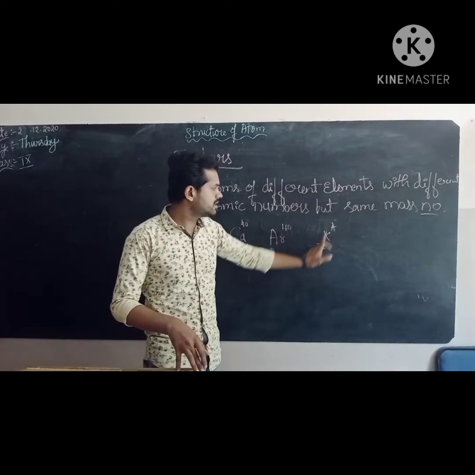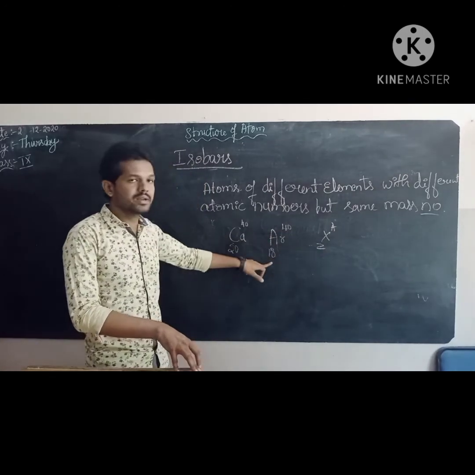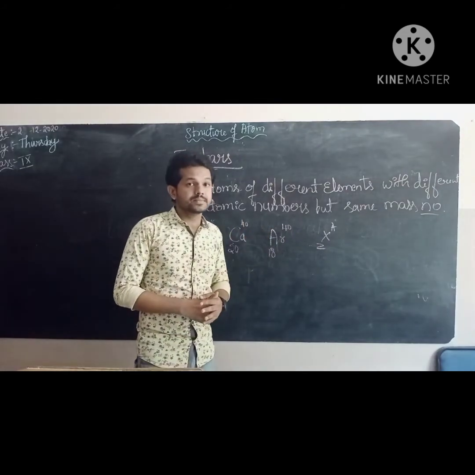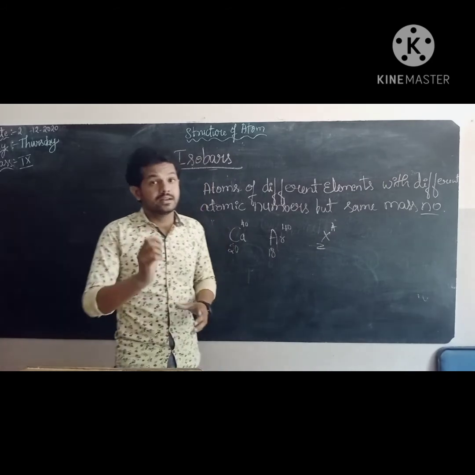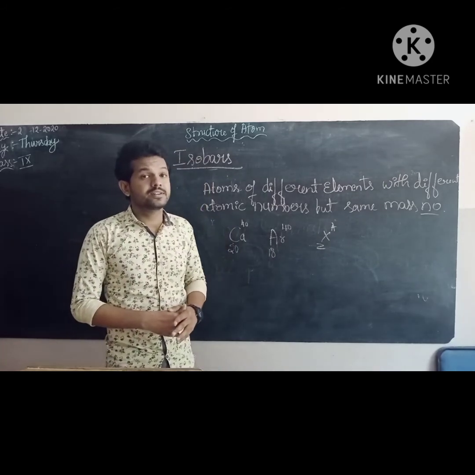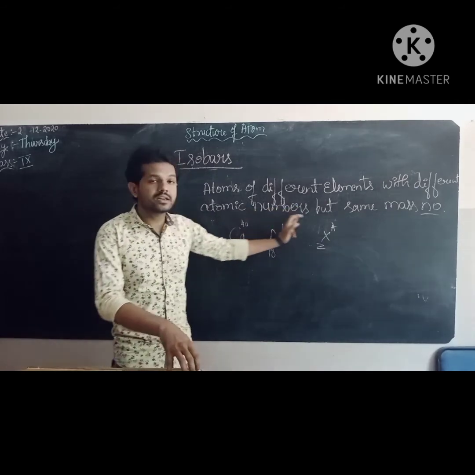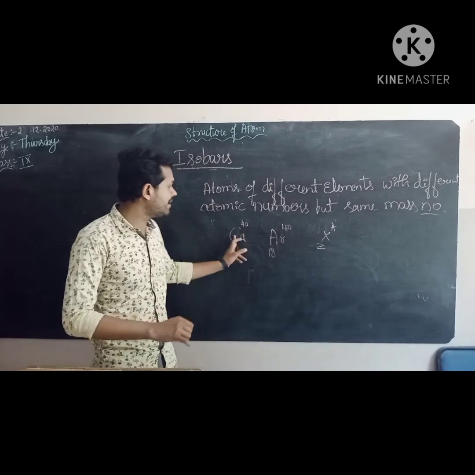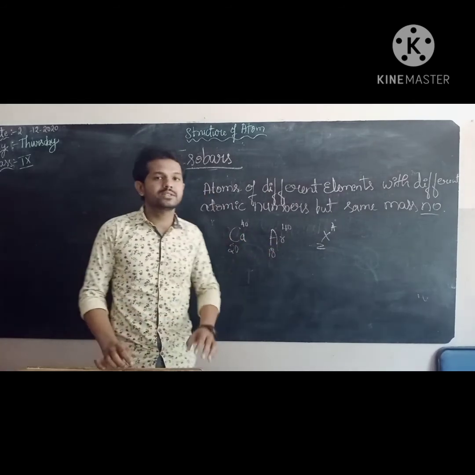Here X is nothing but the symbol of an element, Z is nothing but atomic number, and A is nothing but mass number. Okay, in isotopes they are having the same atomic number but difference in the mass number. But here we have a difference in atomic numbers and the same mass numbers, and we have different atoms also. Okay, so this is about the isobars.